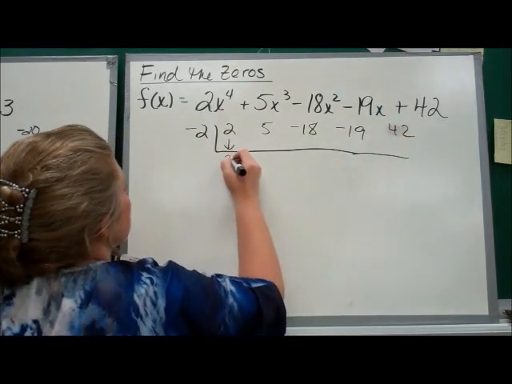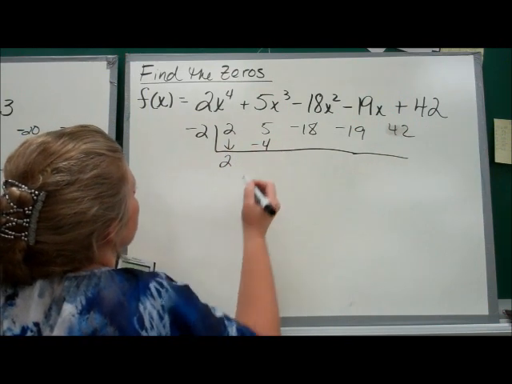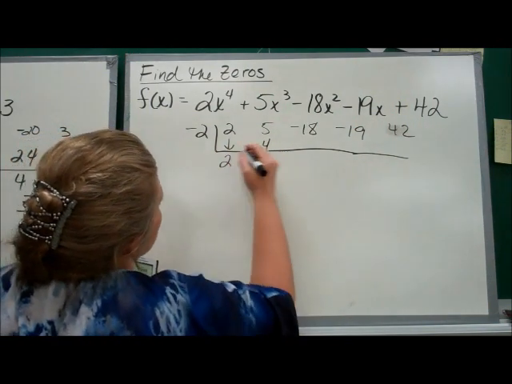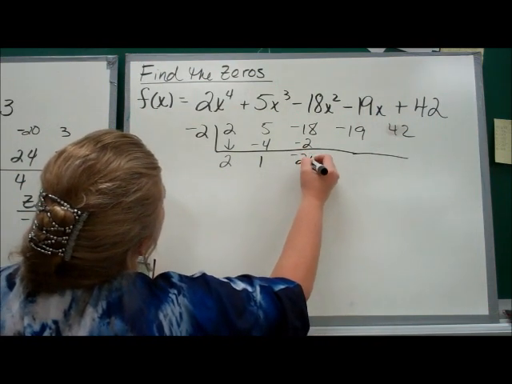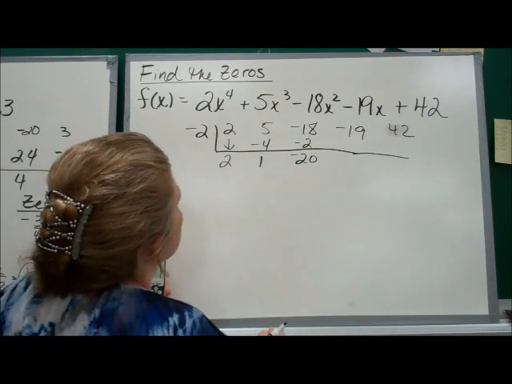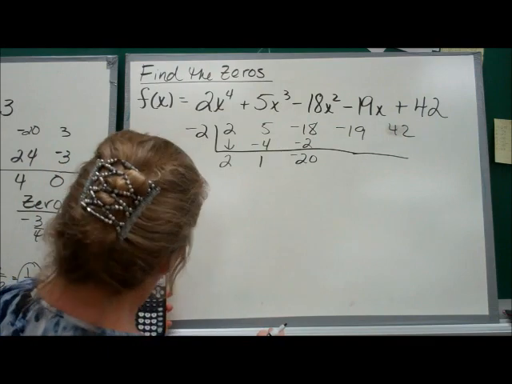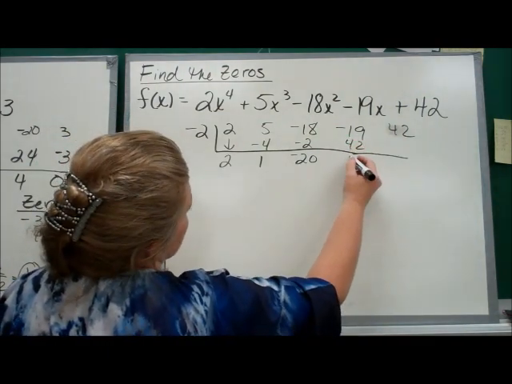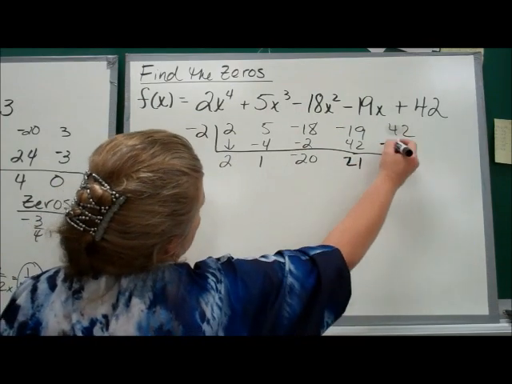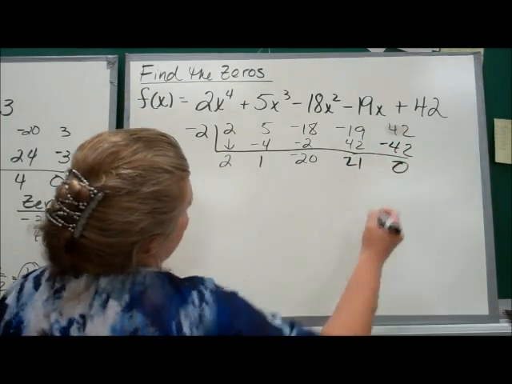Okay, bring down the 2. 2 times -2 is -4. That's 1, -2. That's -20. -20 times -2 is 40, and that's 21. That's -42. Oh, it worked.